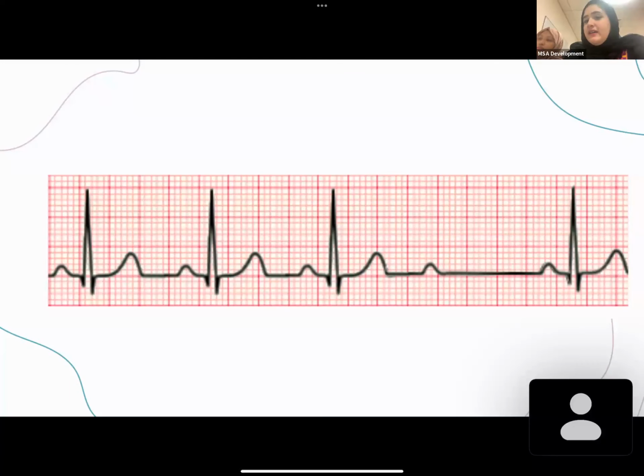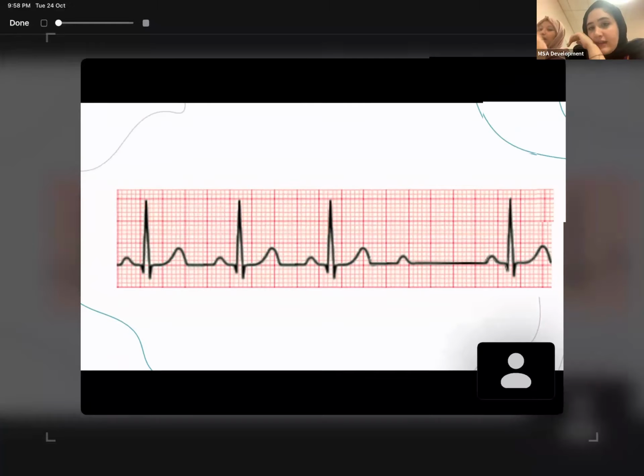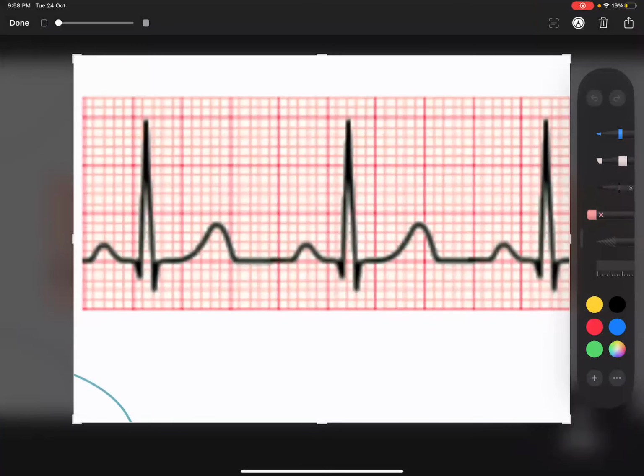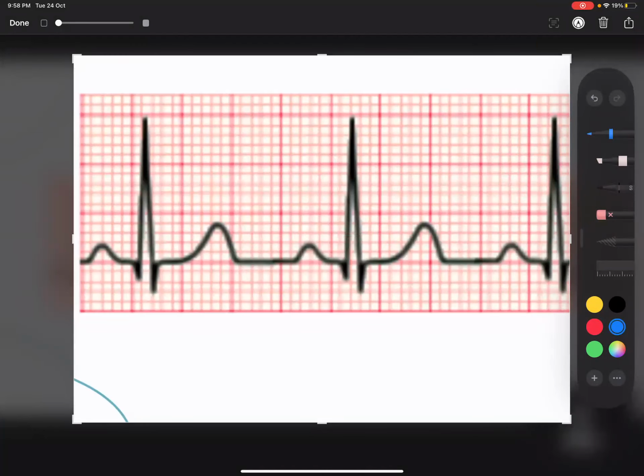Then here we can do the same thing. The rhythm is not normal, it's irregular, because we don't have a QRS here, but it's kind of happening regularly. The PR is not progressing, it's not increasing. 1, 2, 3, 4.